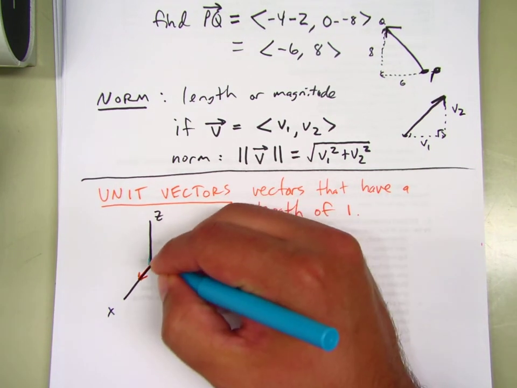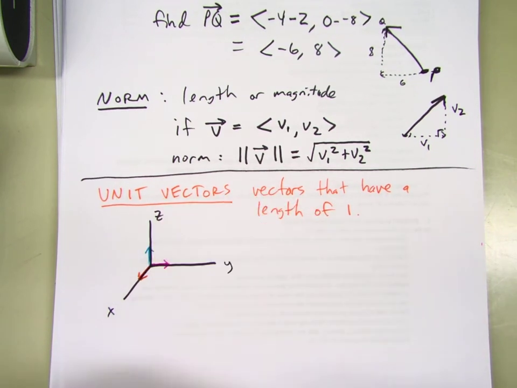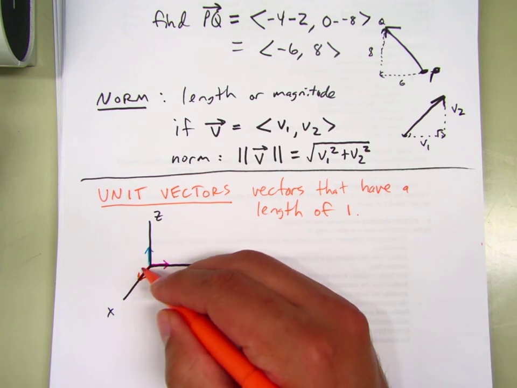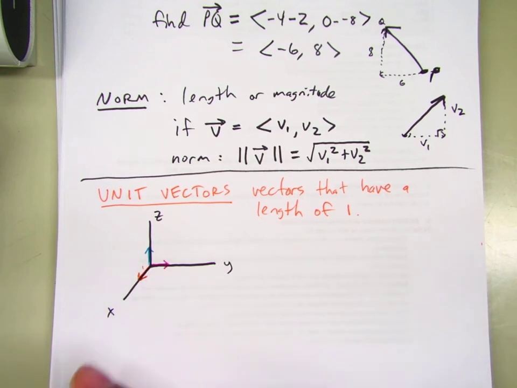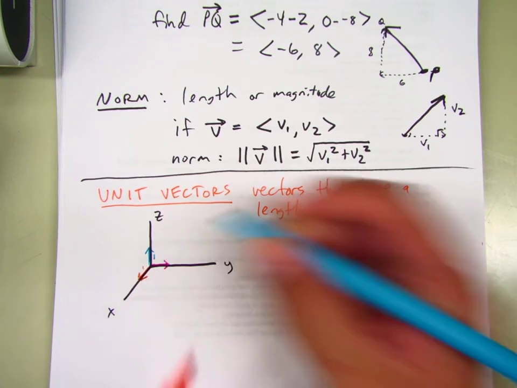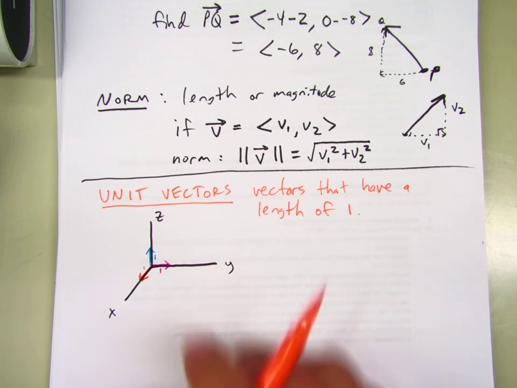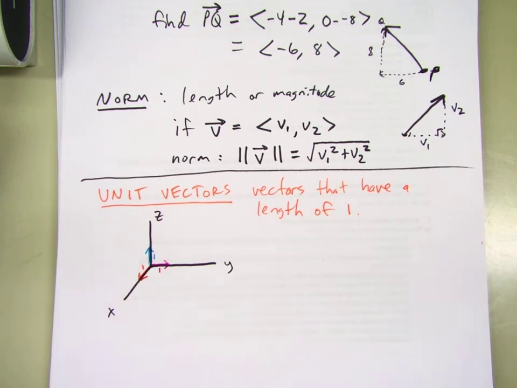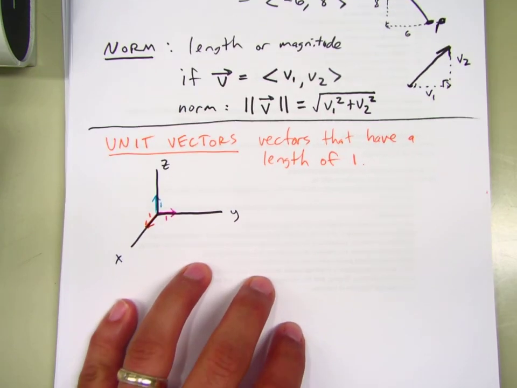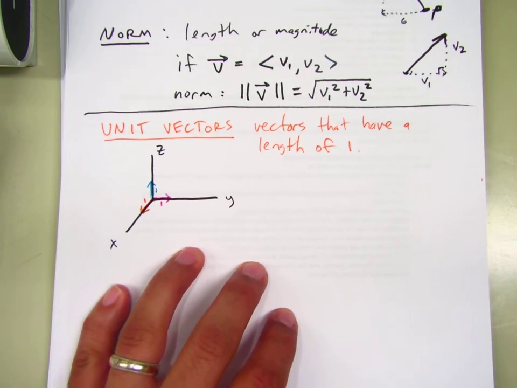And if we go 1 unit this direction, that's another one. All of these vectors have a length of 1. These are some very important vectors that we will use quite a bit in our calculations here.